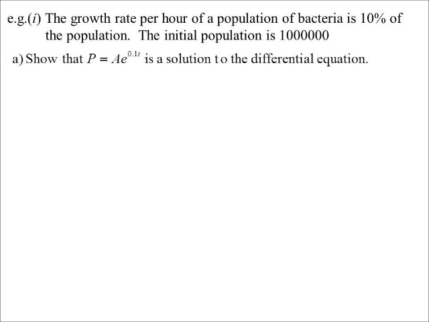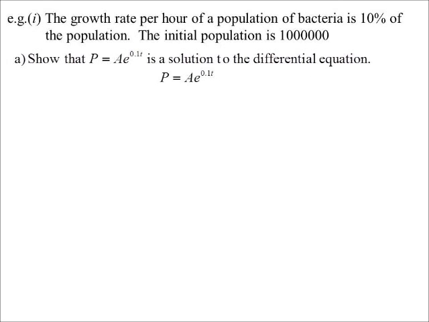What they tend to do, rather than get you to derive it each time, is start off with something like this, just show that this would be a solution. And rather than derive it like I just did, because it's a show that question, the quicker way of doing it is just differentiating that. So I have A, which remember is a constant, times e to the 0.1t.